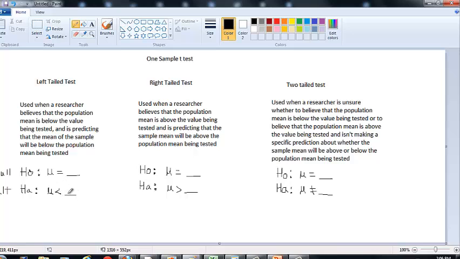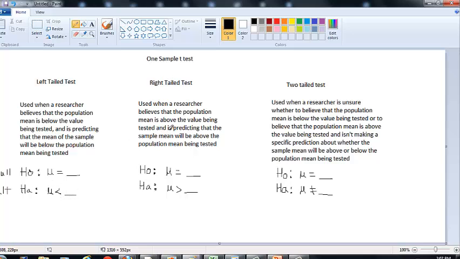This is the number being tested in this blank right here. So the alternative hypothesis is what the researcher is hoping to support. In a left-tailed test, the researcher is hoping to support the possibility that the mean is below the value being tested.